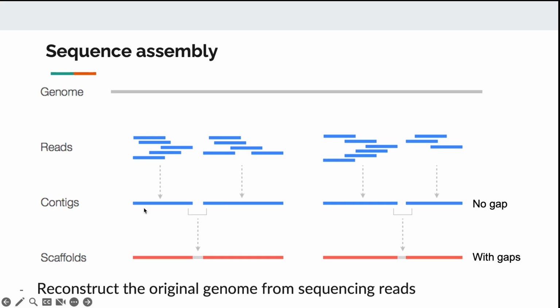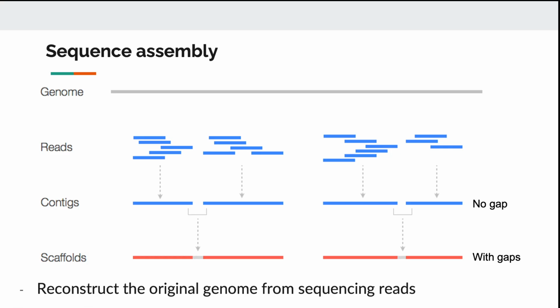So you still have 800 nucleotides in the middle where you might not have sequence at all. In that case, you have paired-end sequencing evidence that these two contigs should be connected to each other, but you don't know the sequence in between. Then we are allowed to connect these two contigs together to form what's called a scaffold. A scaffold allows some gaps in between, but these gaps must be supported by either a known structure of the genome or by paired-end sequencing data.